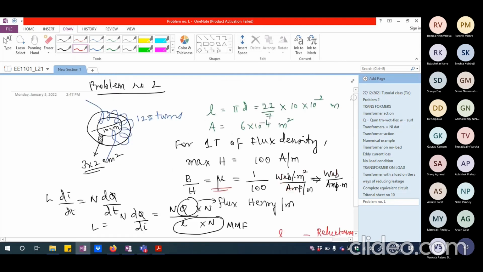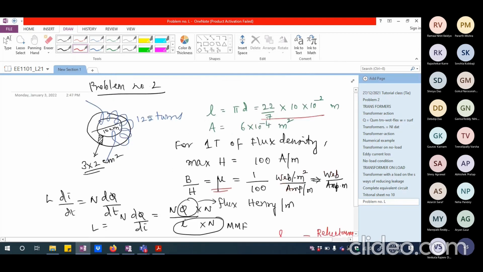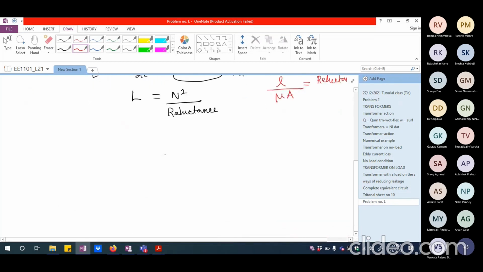So I should be able to write this as L we wrote already, which is 22 by 7 multiplied by 10 multiplied by 10 power minus 2, which is actually 0.1. We have to write 0.1 multiplied by 22 by 7. So L is approximately 0.1 multiplied by pi, 0.314, whatever, and this is the length in meters. And area we wrote as 6 multiplied by 10 power minus 4 meter square.